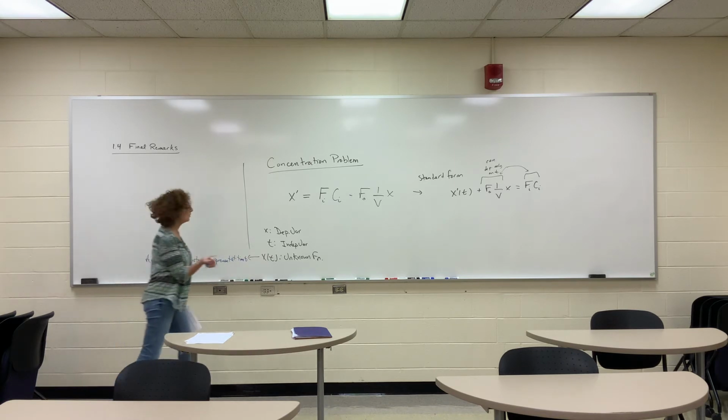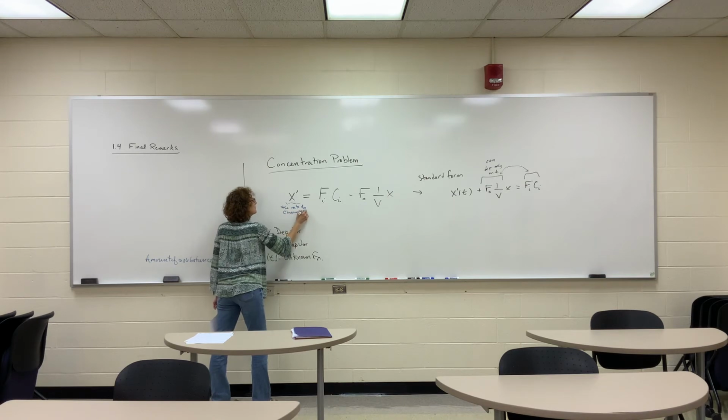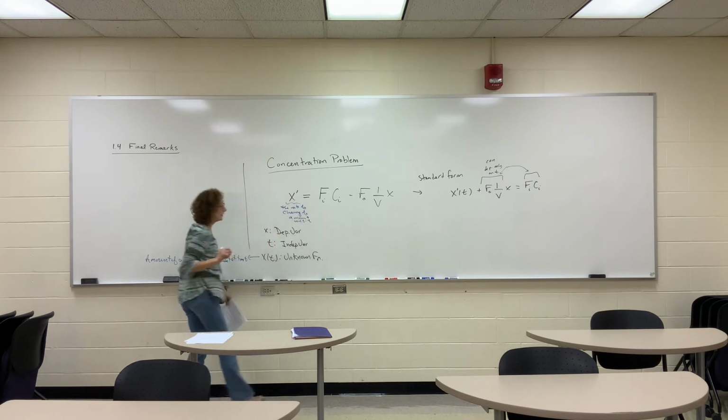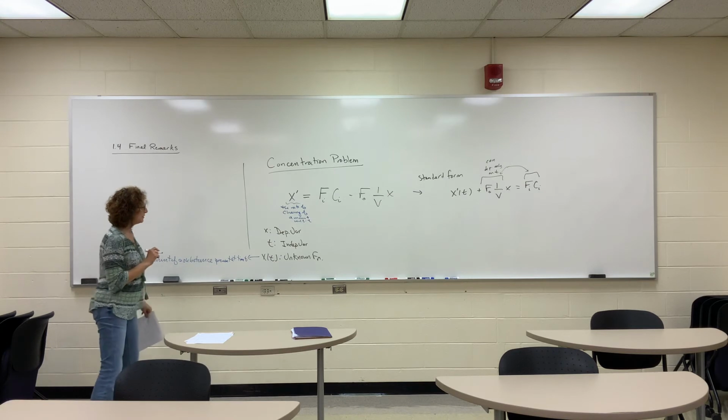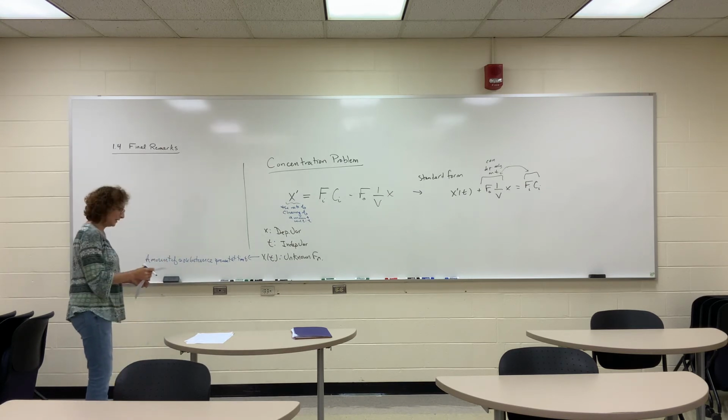Okay, so basically what does this say, right? X prime means the rate of change of amount, right, with respect to time, right? The rate of change of the amount with respect to time. What are the units of that kind of a thing, okay?